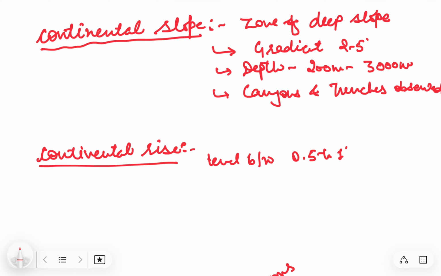The continental rise becomes virtually flat with increasing depth, and it merges with the abyssal plains.